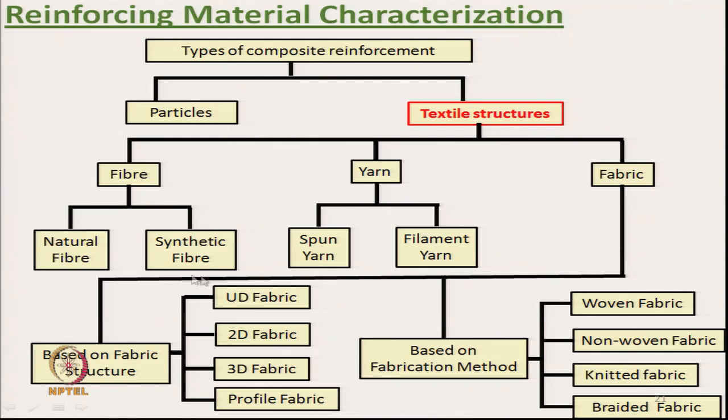Fibers are natural fiber and synthetic fiber, yarns are spun yarn or filament yarn, and fabrics, based on the fabric structure, are unidirectional fabric, two dimensional fabric, 3 dimensional fabric and profile fabric. We can develop different profile structures of fabric, and based on the fabrication method, woven fabric, non-woven fabric, knitted fabric and braided fabric.